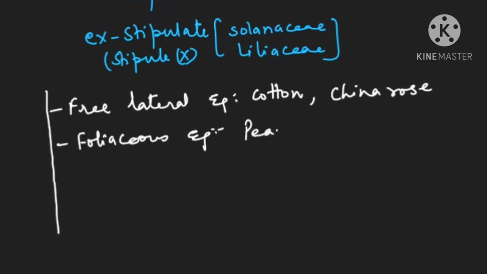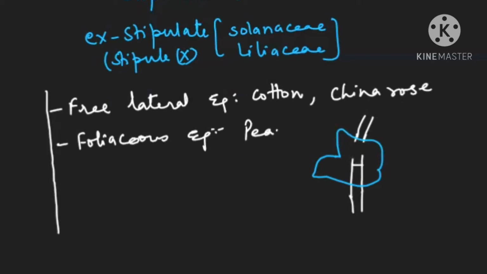Try to check the diagram carefully. This is the stem I'm drawing. And these are the stipules. I'm making this stipule which is becoming like a green leaf, but I'm using different colors so that you can understand it properly. And this is a nodal part which you can't actually see. I've drawn it, but actually you will not be able to see it, so I should erase it.